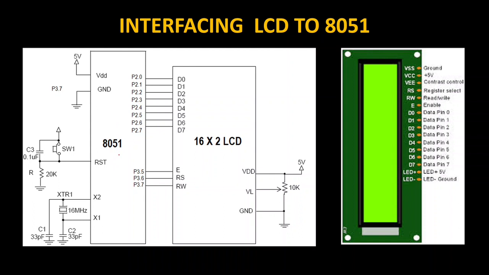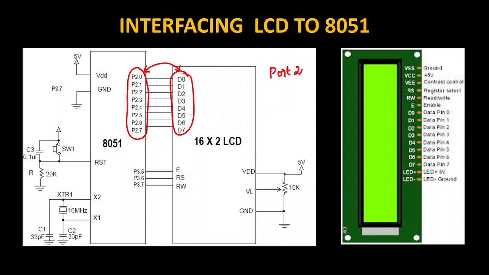We have seen much more detail about that when we covered the 8051. Port 2 of your 8051 is connected to the data pins of your LCD. Sometimes it is denoted as DB, sometimes as D alone. So this is directly connected to your data pins. So port 2 carries your data.